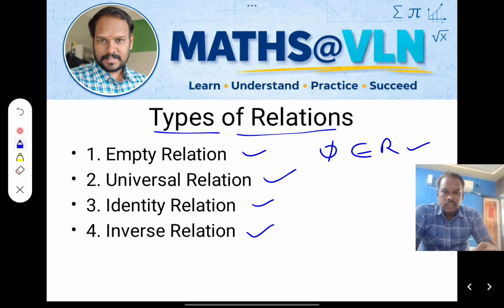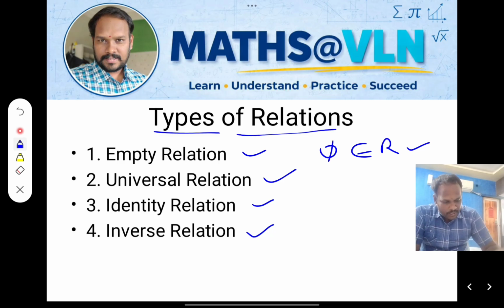And what is a universal relation? The set itself is a subset of itself. So if all the ordered pairs in A cross B are considered, that type of relation we call a universal relation.